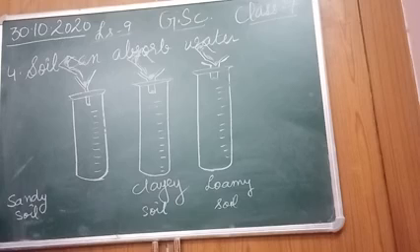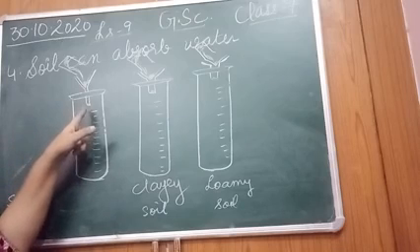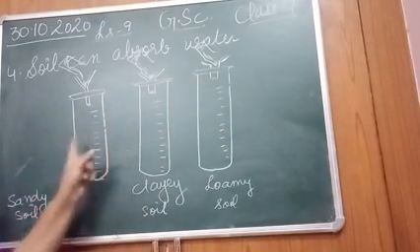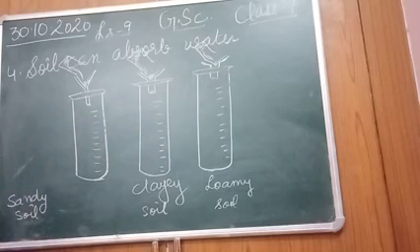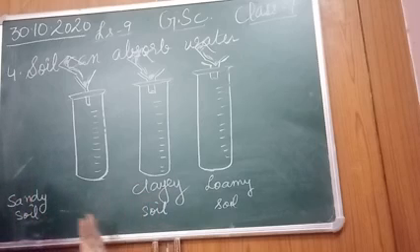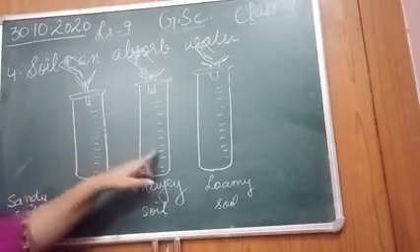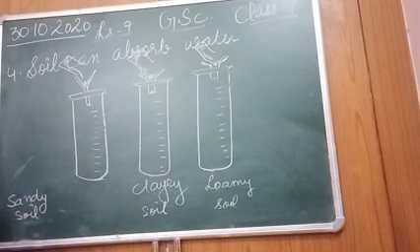Now you will see that water will start coming out drop by drop from all of these funnels into the graduated cylinders. Now leave this apparatus for some time so that water gets collected in these graduated cylinders.